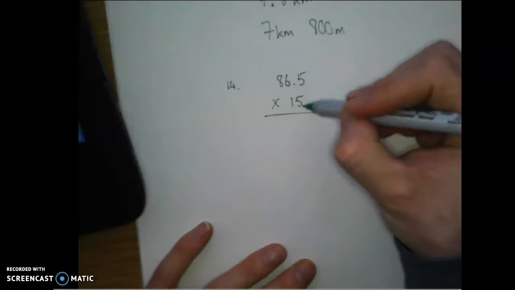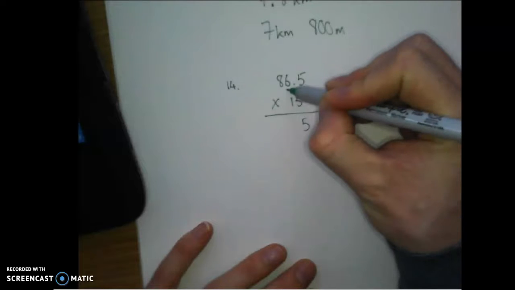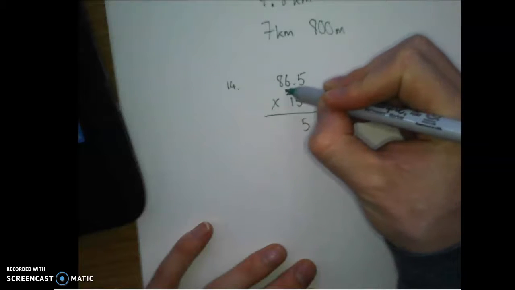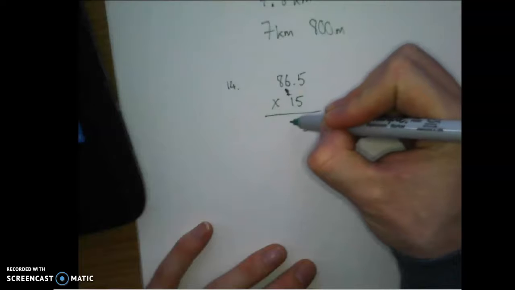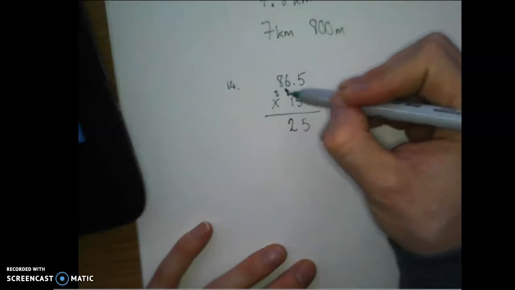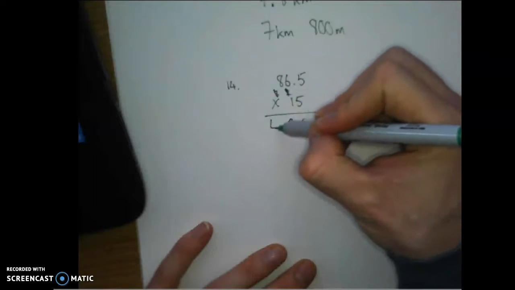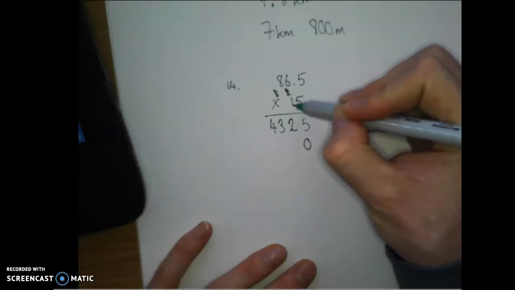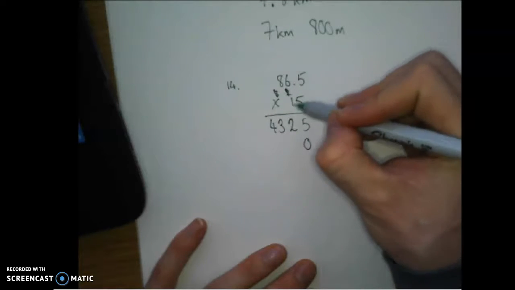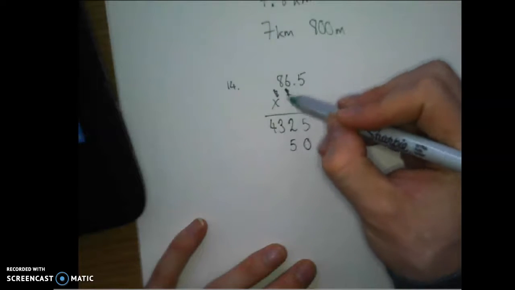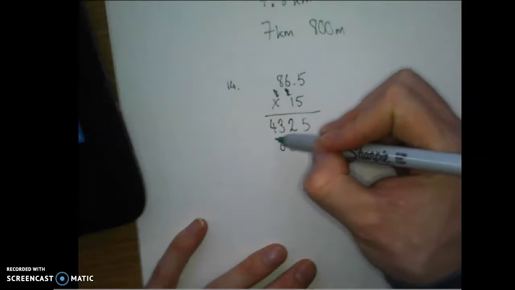5 times 5 is 25. 6 times 5 is 30 plus 2 is 32. Now scratch them out so we don't use them again. 8 times 5 is 40 plus 3 is 43. Now put your magic zero here because we are multiplying by a 10. 5 times 1 is 5, 6 times 1 is 6, 8 times 1 is 8.